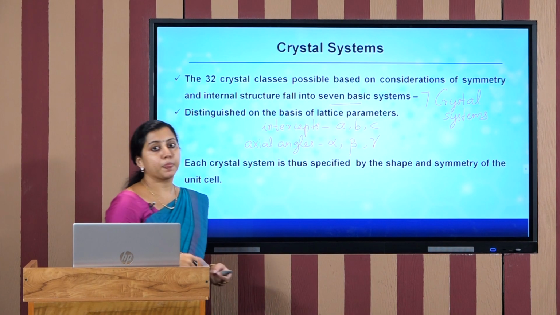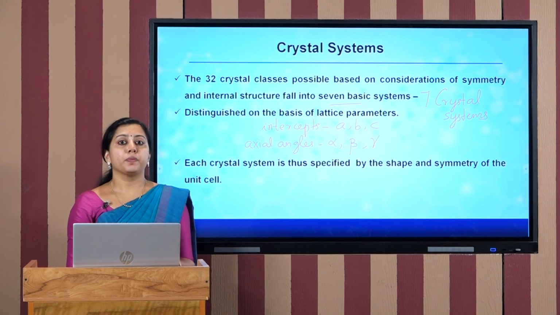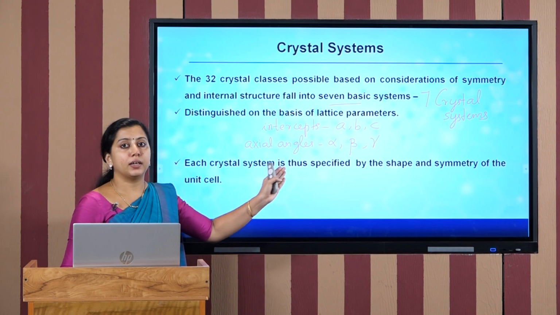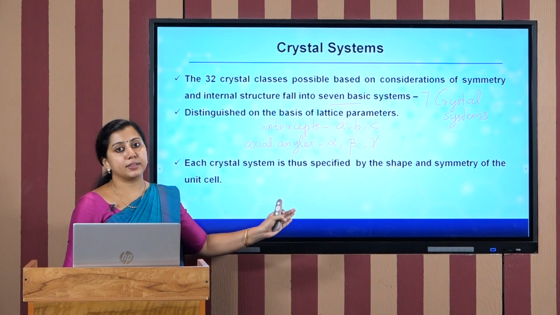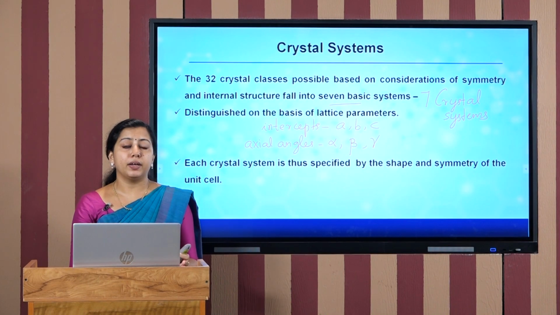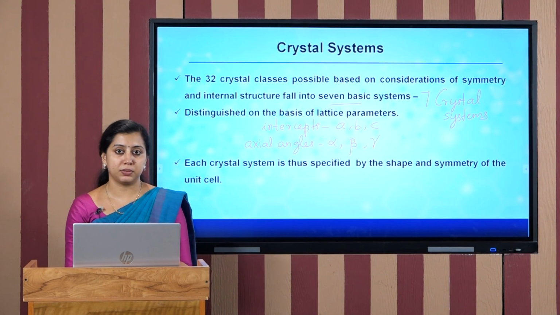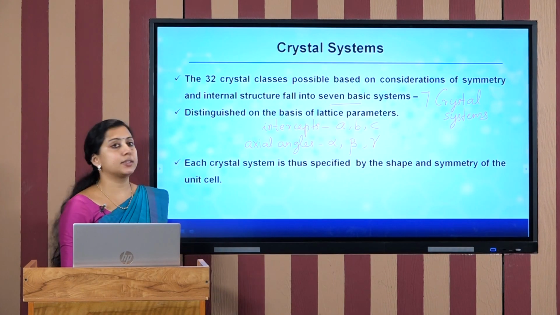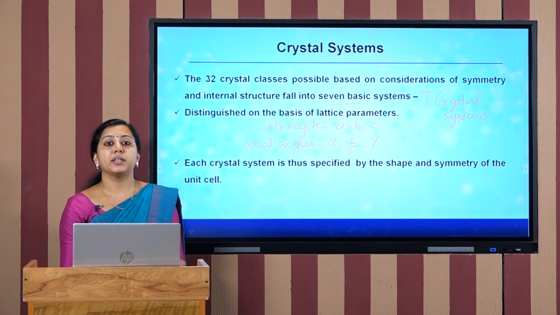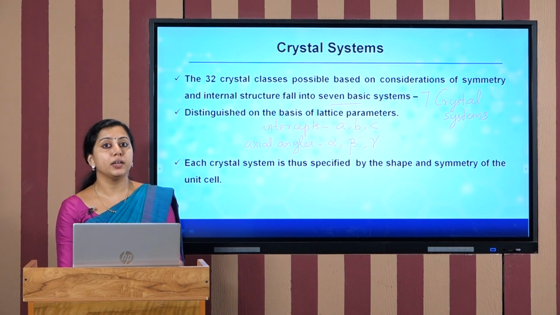So, these are the lattice parameters. So, based on the intercepts and the axial angles, there are 7 basic crystal systems, and each crystal system is thus specified by the shape and symmetry of the unit cell.